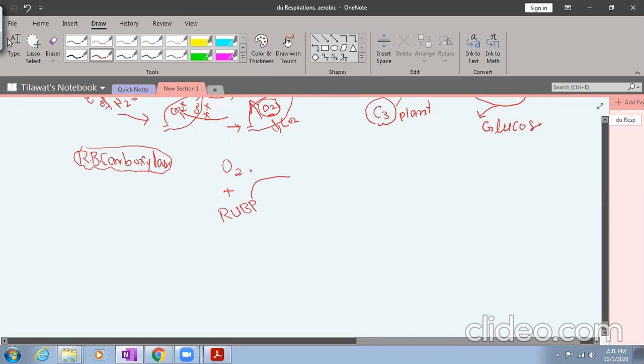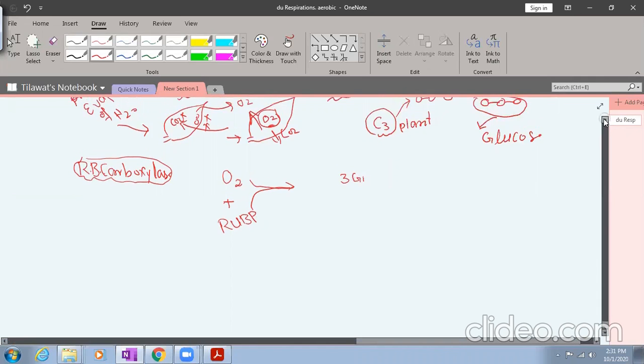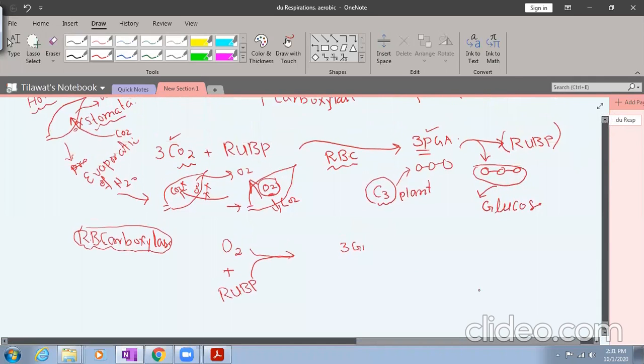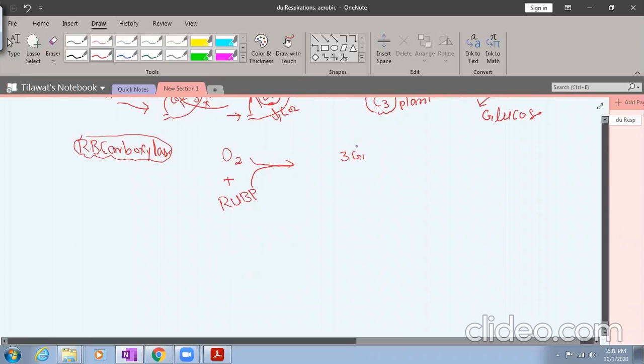And when it fixes oxygen, it will form phosphoglycerate, right? 3-phosphoglycerate it will form. But along with that, this 3-phosphoglycerate will make RuBP again.